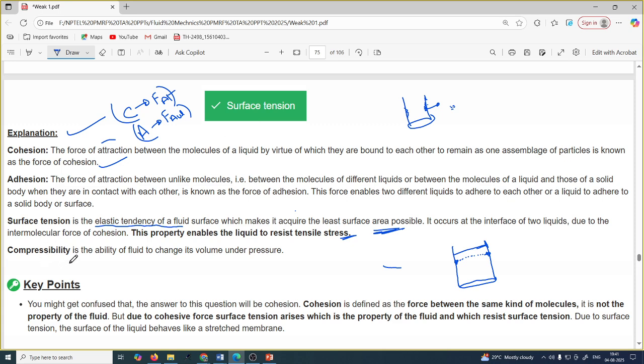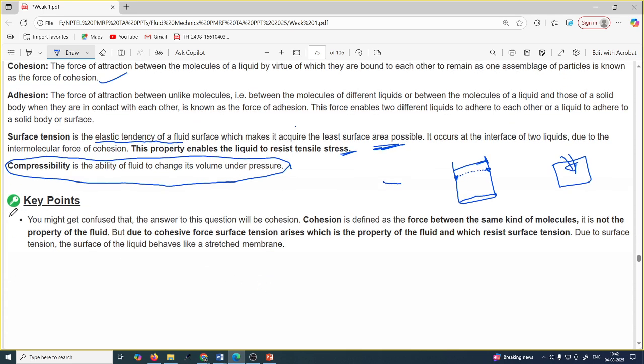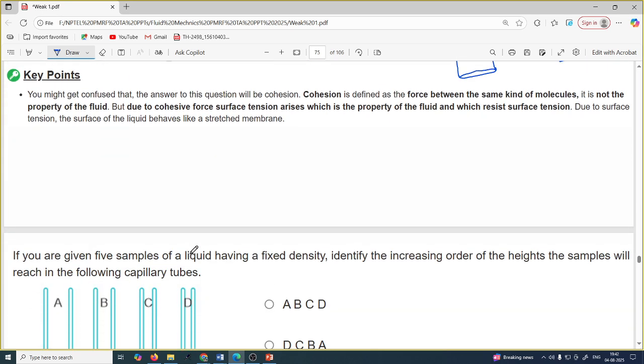And compressibility is the ability of a fluid to change its volume under pressure. So compressibility is another concept. When you apply pressure on the fluid, the volume of the fluid will change. Of course the key point is given here, so once you read, you will get something.